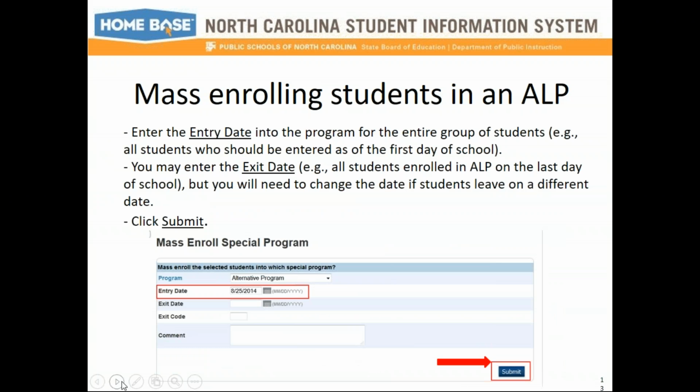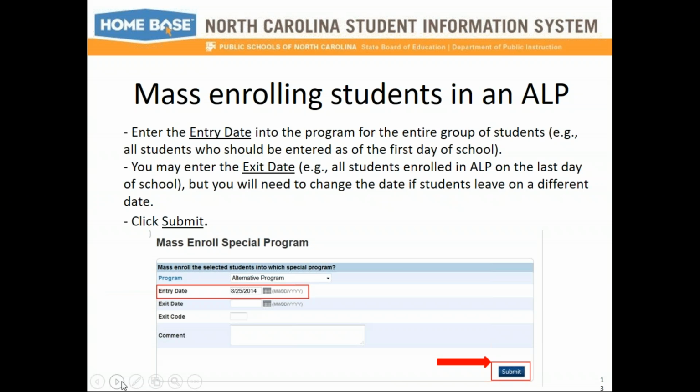Then enter the entry date into the program for the entire group of students. And so this is probably only going to be used when you have a mass of students that are in the system in your school on the first day of school. Possibly at the beginning of the second semester, maybe you had a lot of students assigned to your school. You might want to use this mass enroll feature again.